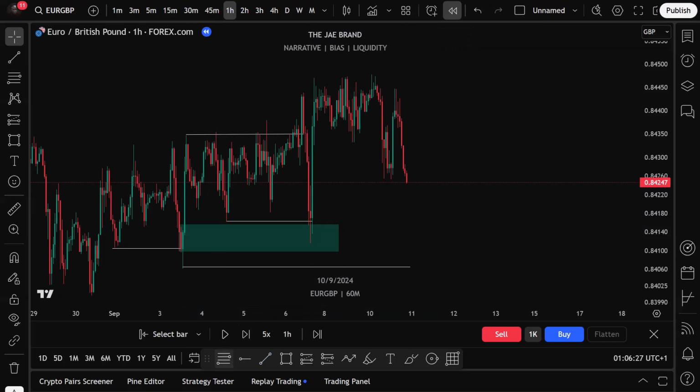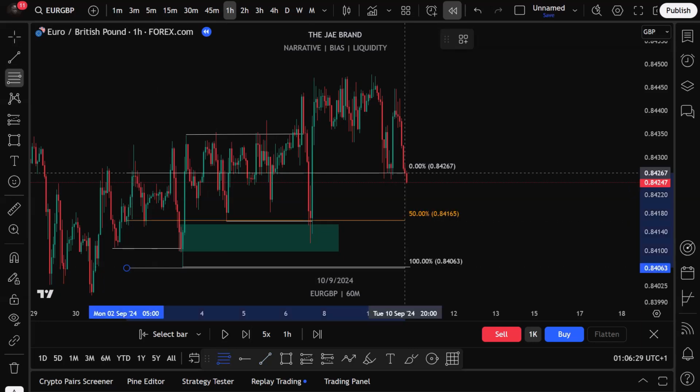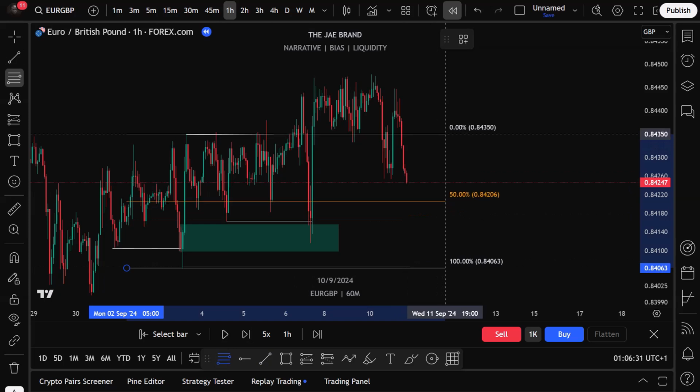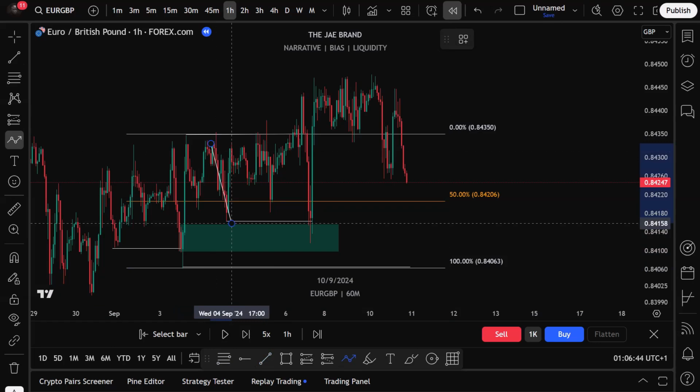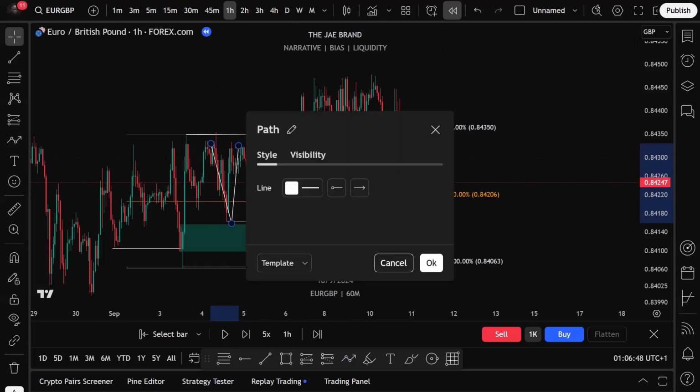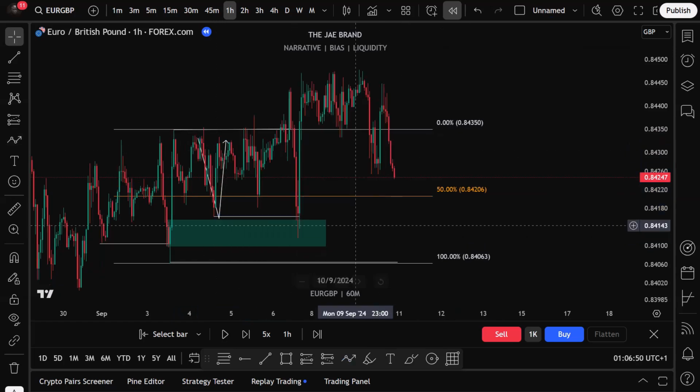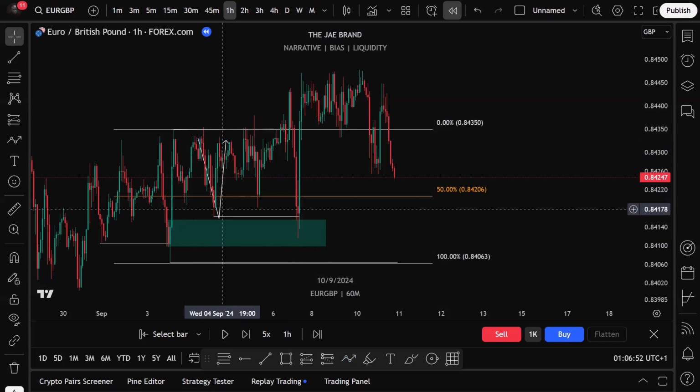Now, how do we validate our structural liquidity? Take your fib tool, plot it from the protected low to the recent break of structure. We can clearly see that our structural liquidity is valid because it is V-shaped. You can see it here. It is V-shaped and it is inside the 50% area of our swing structure.